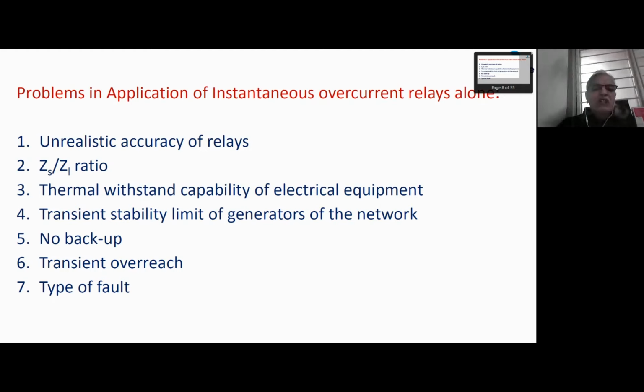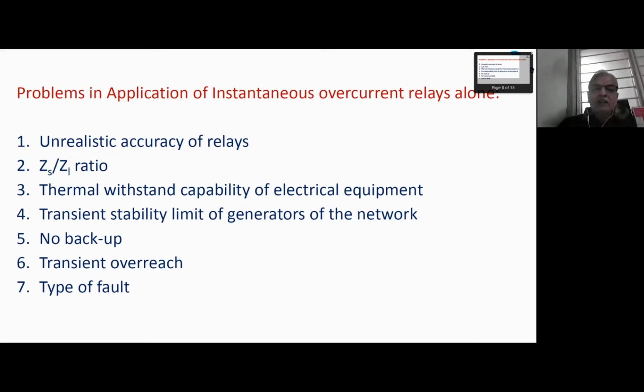So fault current does not differ much, or insignificantly differs, with reference to fault location, and this is using only current as a differentiating quantity, discriminating quantity. Therefore, if ZS by ZL ratio is large, instantaneous overcurrent relays are highly prone to that, and they cannot be used. Therefore, this kind of discrimination cannot be used.